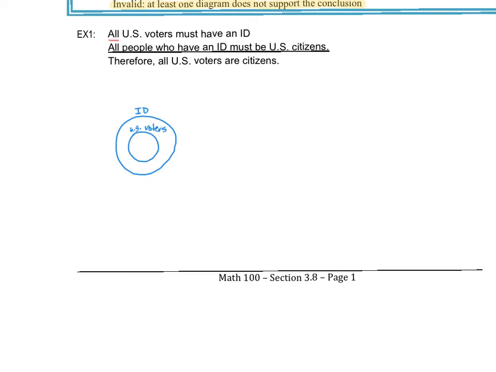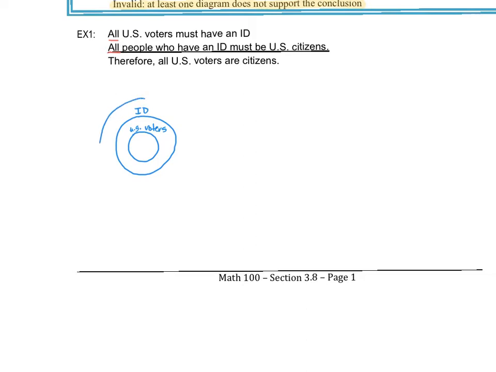That's our first premise. Now our second premise is also an all statement. All people who have an ID must be U.S. citizens. So that inner circle is about the U.S. voters. The outer circle is the people who have ID. So this second premise says all the people who have an ID must be U.S. citizens.